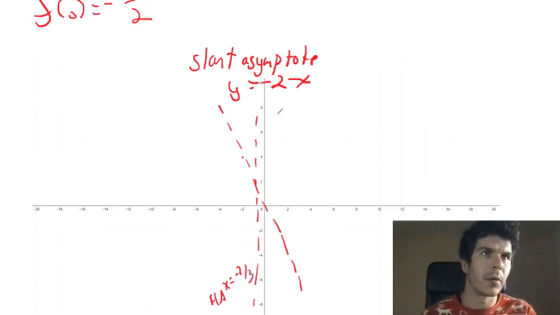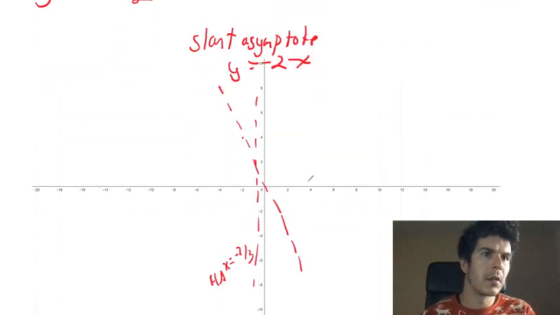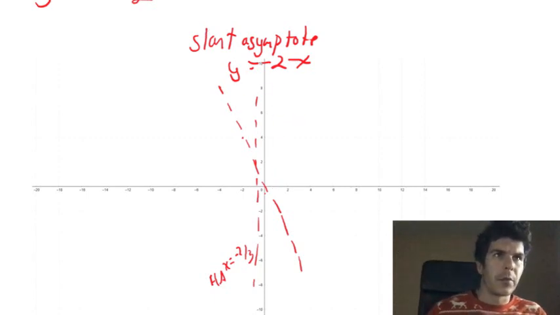And let's also put our y-intercept in, minus 1/2. Oh, that's a bit low. 1/2 should be about here. Before we graph this, we should probably check what happens around here.